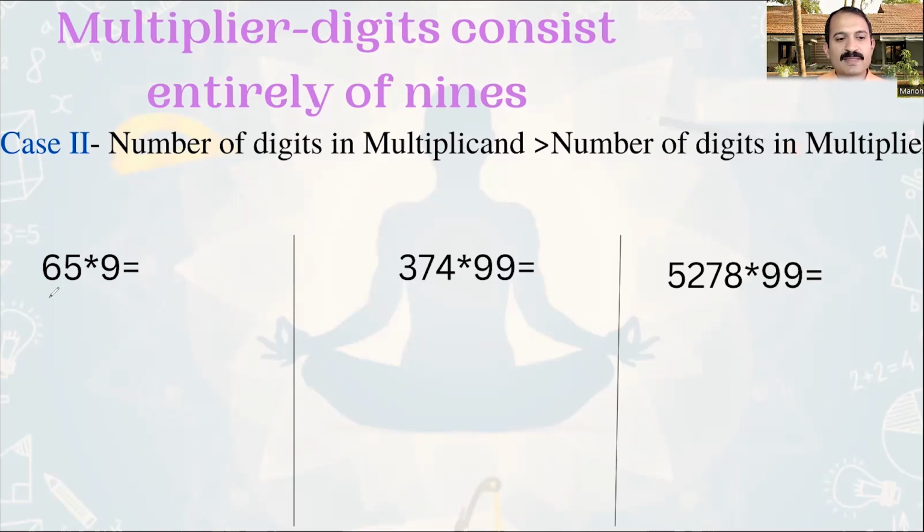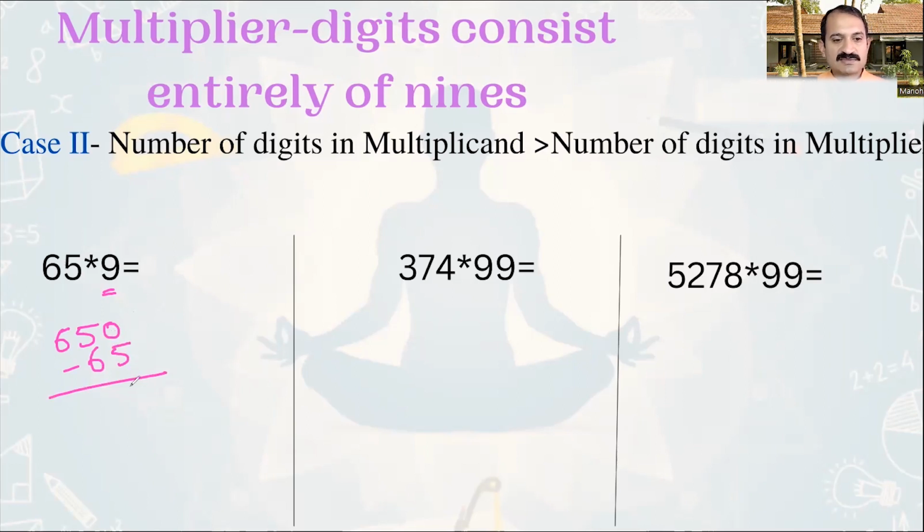See here. First thing is you have to add zeros to the multiplicand, and the number of zeros should be exactly equal to the number of 9s in the multiplier. So 650, because there is only one 9, so we have put only one 0, minus the multiplicand as it is, and you will get the answer.